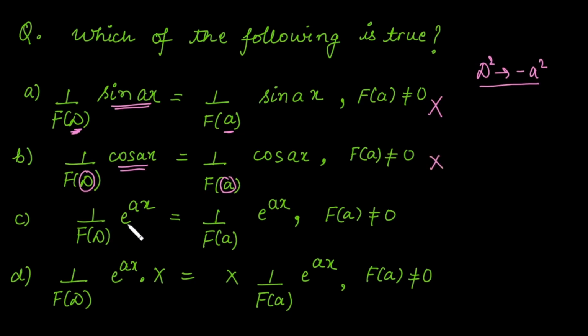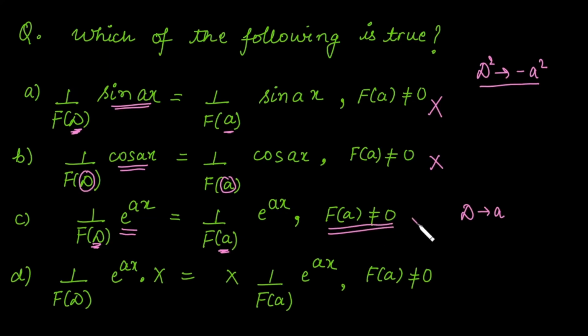The next option is, whenever we have an exponential form, we replace d by a, and the right hand side function is as it is, provided this function is not equal to 0. If it is equal to 0, then we take its derivative and the additional term is multiplied by x. But right now we are taking the condition as not equal to 0.